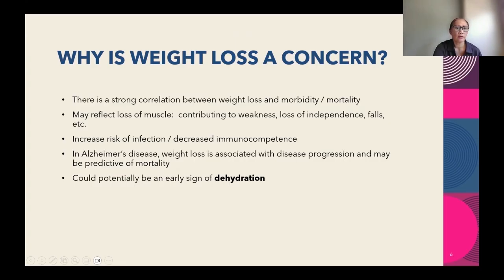Additionally, in an Alzheimer's disease resident, weight loss is associated with disease progression and may be predictive of mortality, and also could potentially be an early sign of dehydration. So collectively, all of the above may contribute to the unplanned hospital discharges, which we are all trying to prevent.